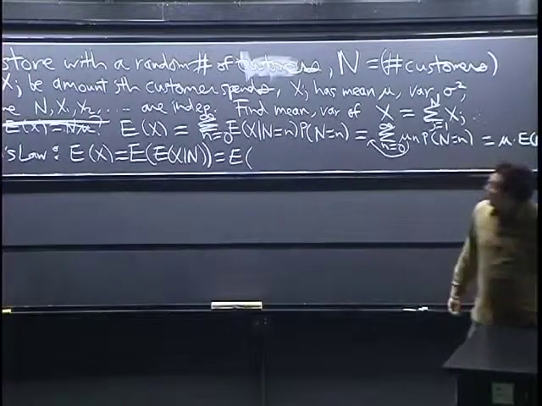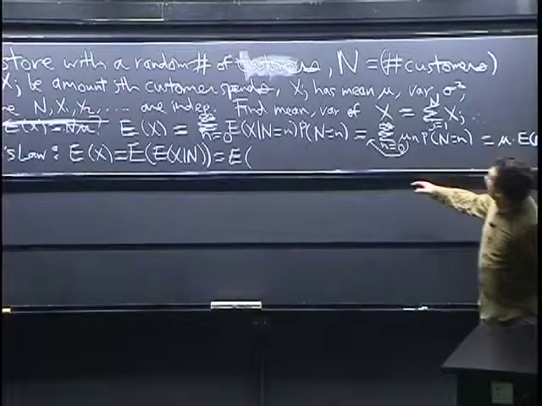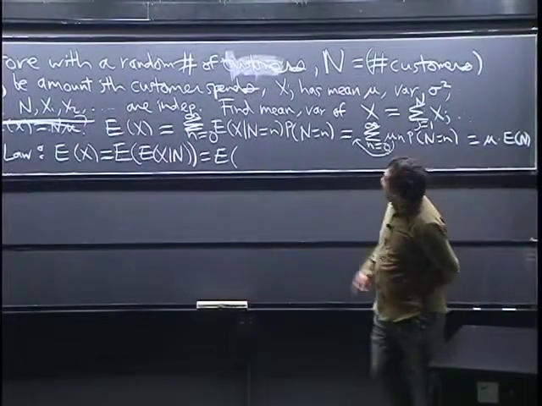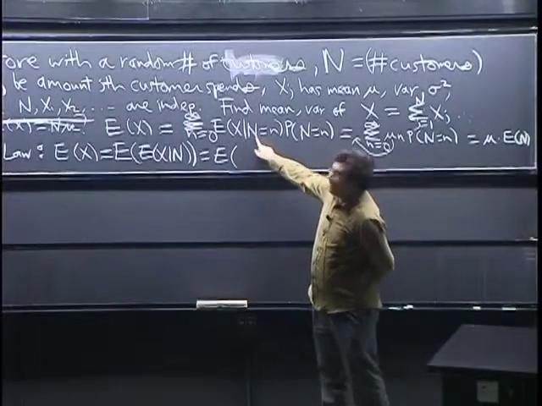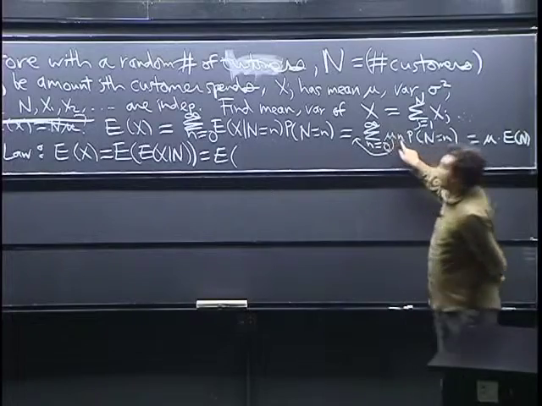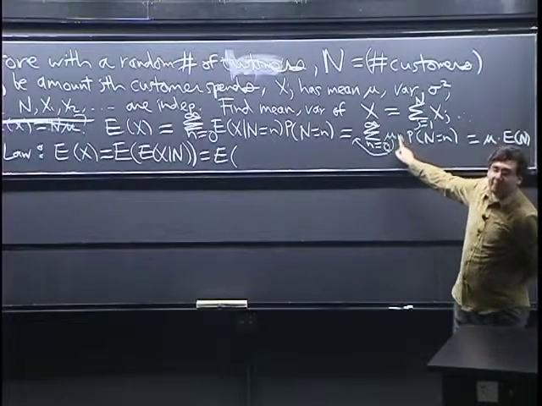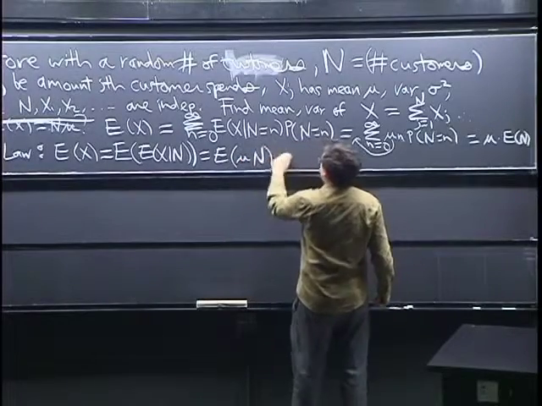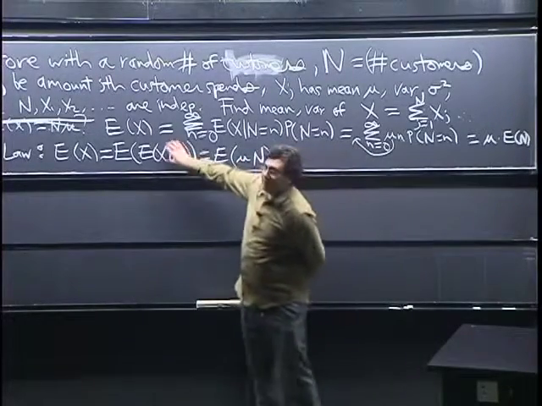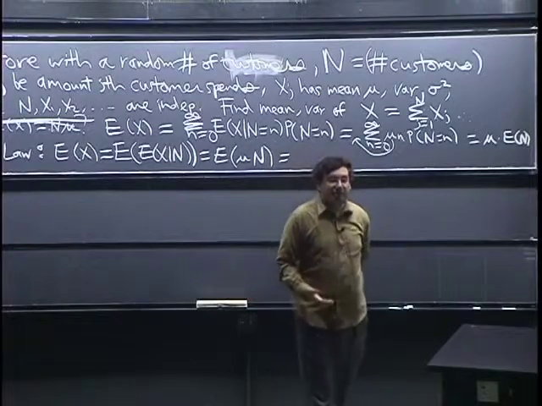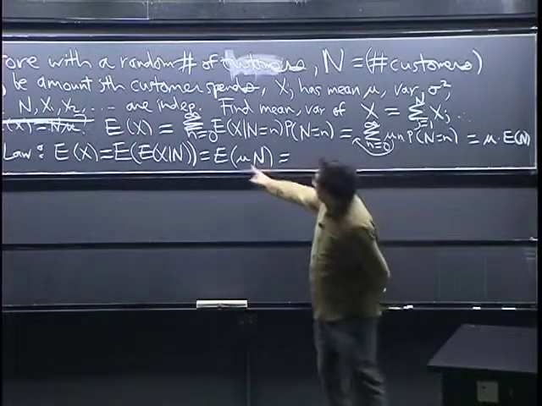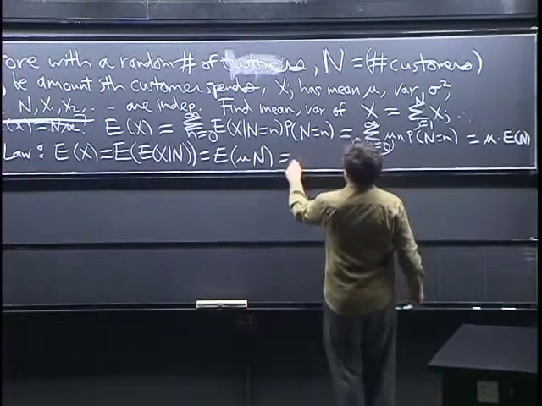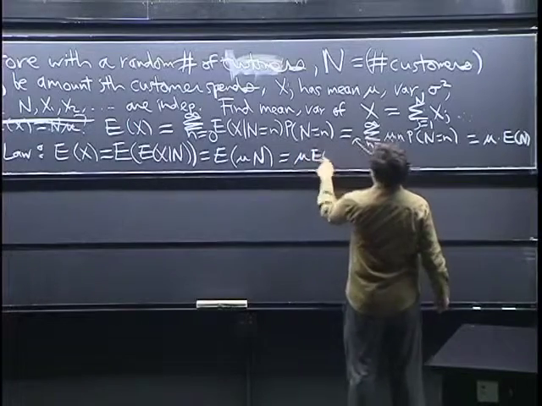To get E of x given n, we just take E of x given n equals little n, which was mu times little n, and we replace little n by big N. So that's mu times n. That is, this notation means treat n as a known constant, then by linearity it would just be mu n, and so again this is mu times E of n, so we get the same answer.